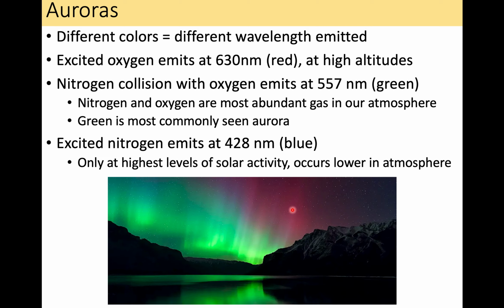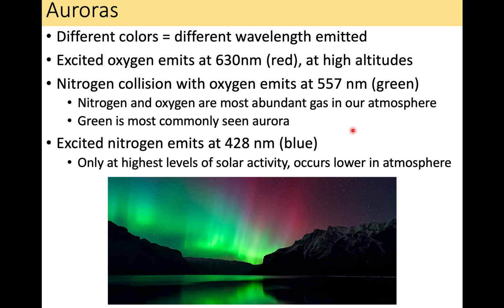So something to note is nitrogen and oxygen are the most abundant gases in our atmosphere. So there's so much nitrogen and oxygen available in our atmosphere that when we have an aurora, we generally see this green, because the most abundant things in our atmosphere will be excited the most. We generally see a green aurora.